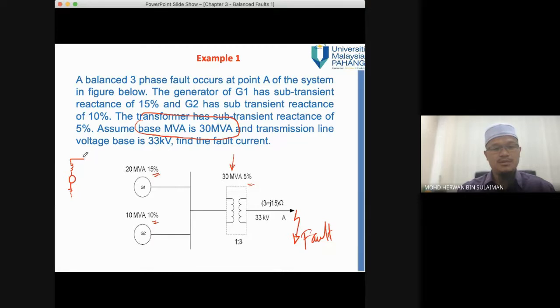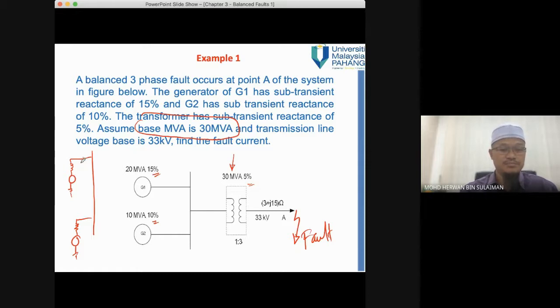Okay. Ni generator satu and then di bus bar. And then similar for generator 2 ni ground. Okay. So kita ada bus bar, kita ada X"d1 yang mana dia punya value adalah 15%. So 15% when we convert to per unit is 0.15, right?